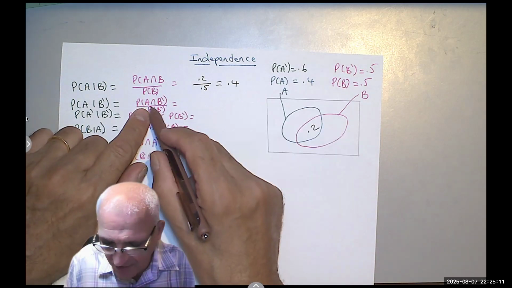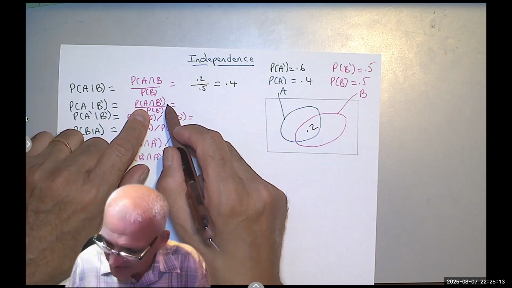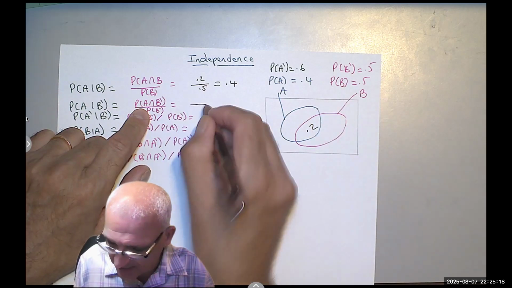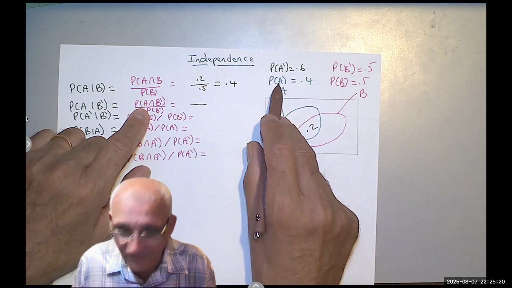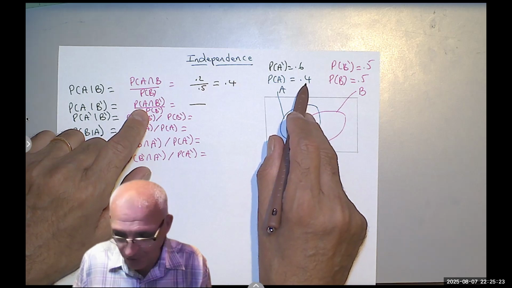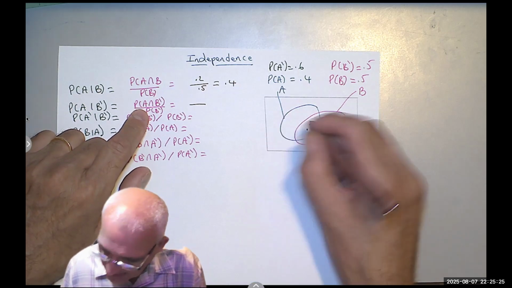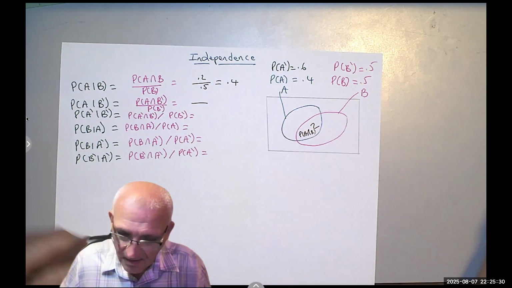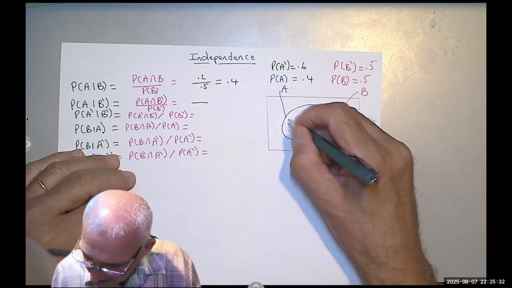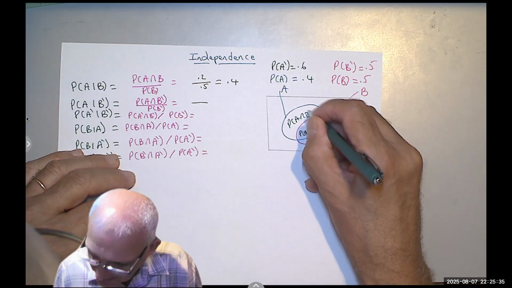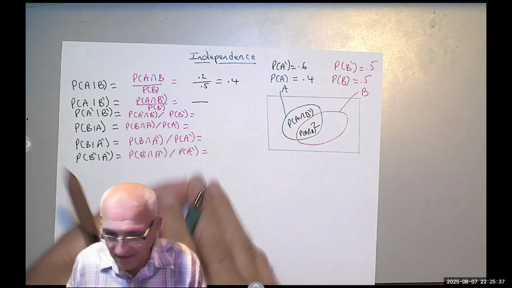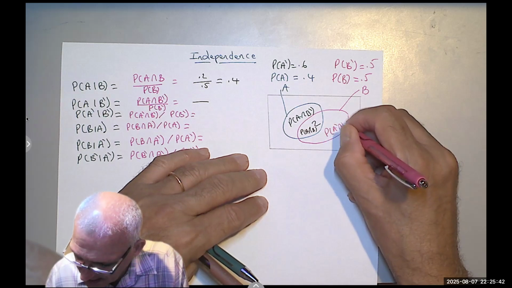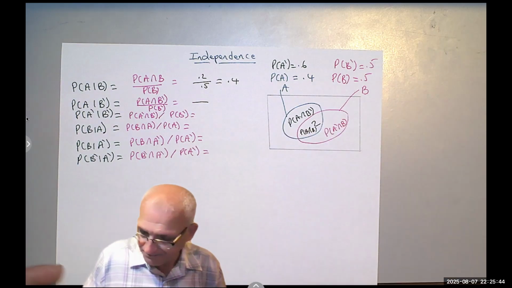What is the probability of A and not B? Notice this is A and B, so A and not B is also 0.2, right? Because the probability of A altogether was 0.4. So let's write, this is the probability of A and B. This is the probability of A and not B, or not B and A. And this is the probability of not A and B, or B and not A. It's the same thing.